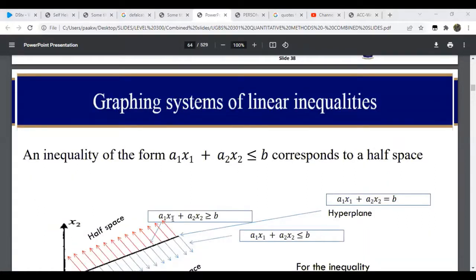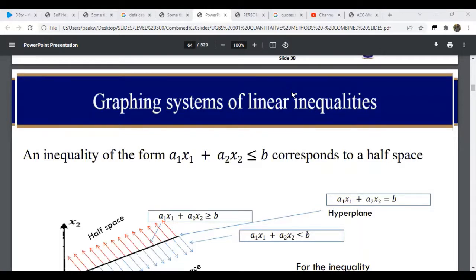Now, the first one was graphing systems of linear equalities. We are going to learn about graphing systems of linear inequalities. So the word that changes is what? Equality and inequalities. Equalities means they are the same.